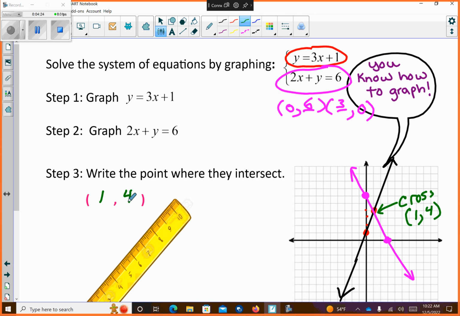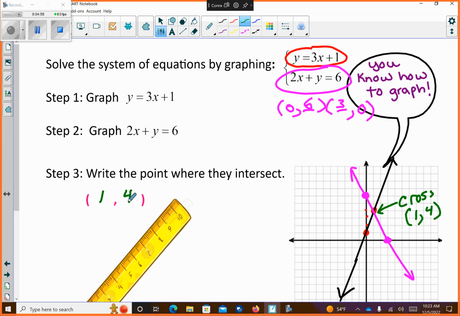The thought process behind this math is the same thought process as the computer algorithm that Apple or Android or whoever your cell phone provider is uses. Your fingerprint or your access code or your face is the solution. It plugs the solution into a system of equations, and if it's true on the system, meaning that's where they would cross, that's how it knows to unlock. I kid you not, that is the math behind it.